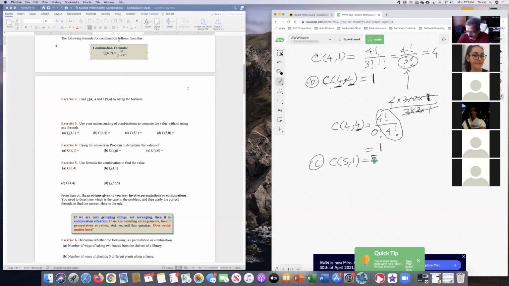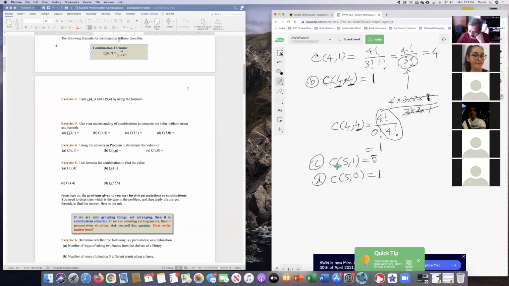So how many ways are there? 5 ways. So going to part D, C(5,0). The meaning of that is there are 5 objects given, and in how many ways can we choose nothing? Only one way, choose nothing. Again, if you apply the formula, it'll be the same number.